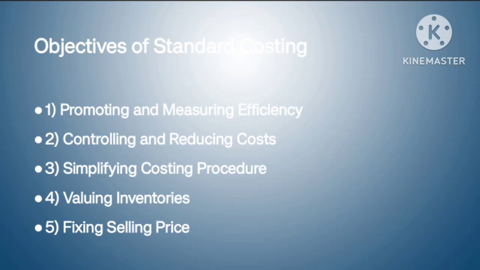It has been experienced that due to various reasons, there are a lot of fluctuations in actual cost, and as such, the selling price cannot be fixed on the basis of actual cost because the price of a product needs to be generally stable and not volatile. Thus, the preferred basis of fixing the price of a product is standard cost, to which a suitable margin is added.